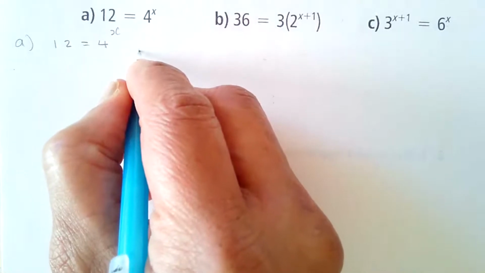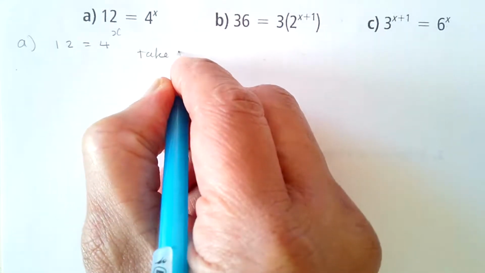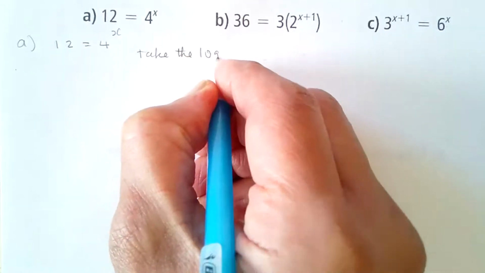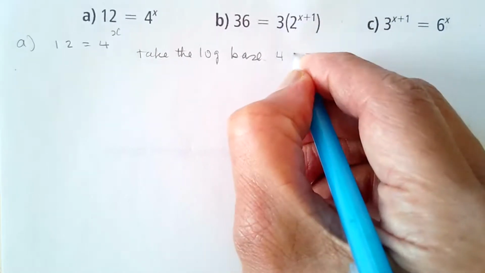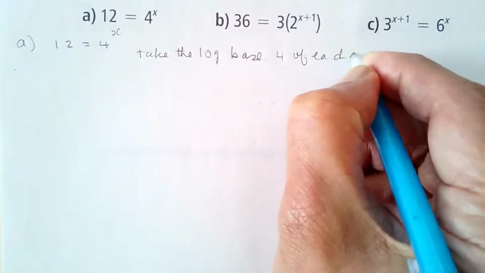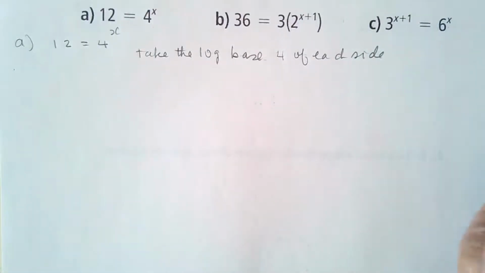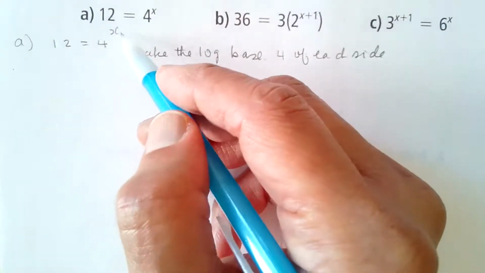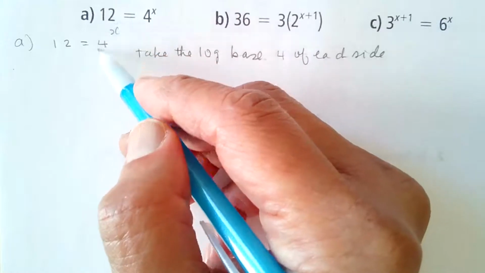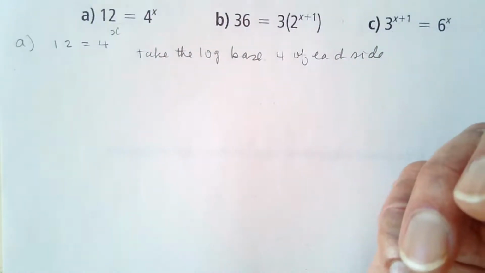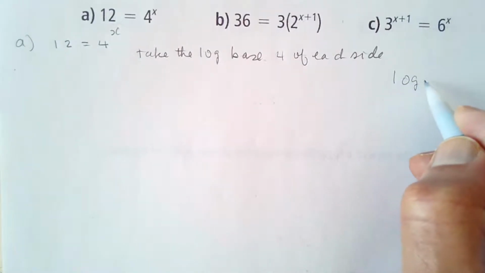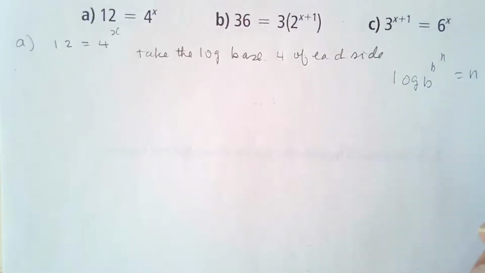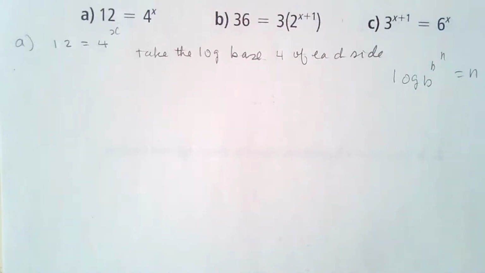So we take log base 4 of each side. We're doing this because we will then be able to solve for x. That is because we're going to have log b to the bn is equal to n. We'll be applying log definitions.